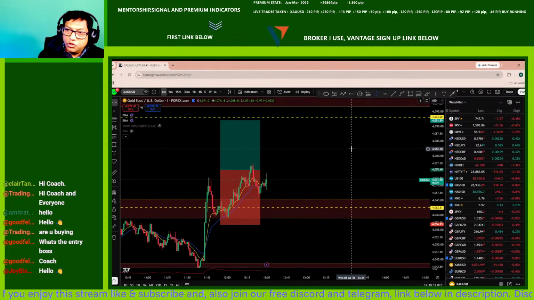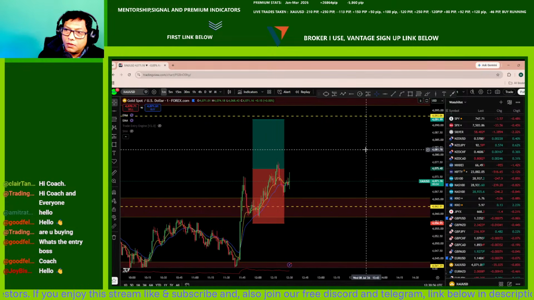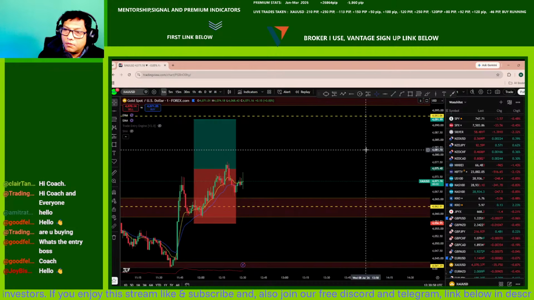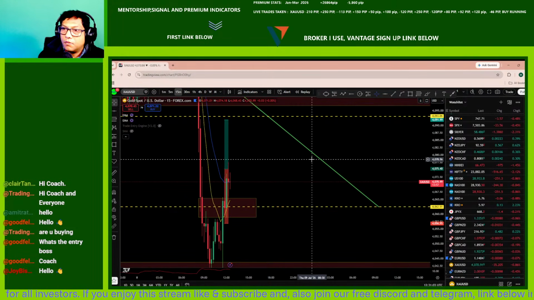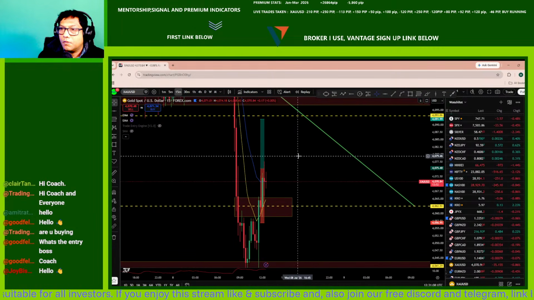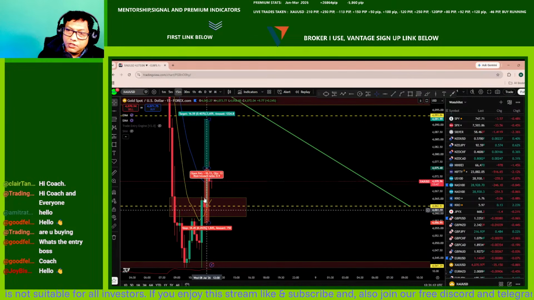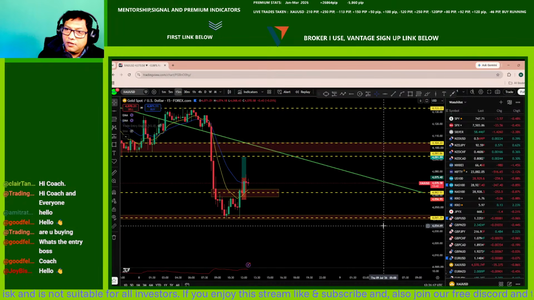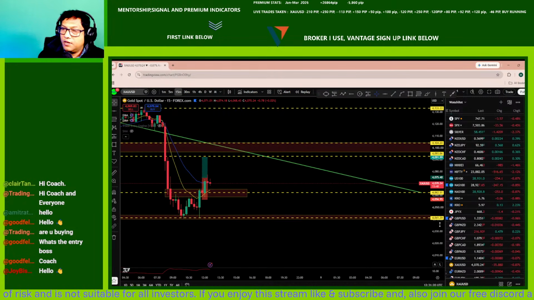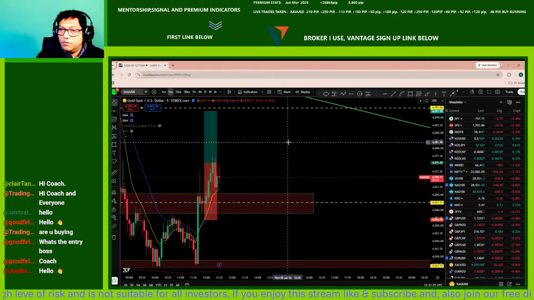Okay, another liquidity sweep at that level. Usually after this bullish engulfer, a doji, the market tries to break that high again before it trends back. Some buying pressure at that level.